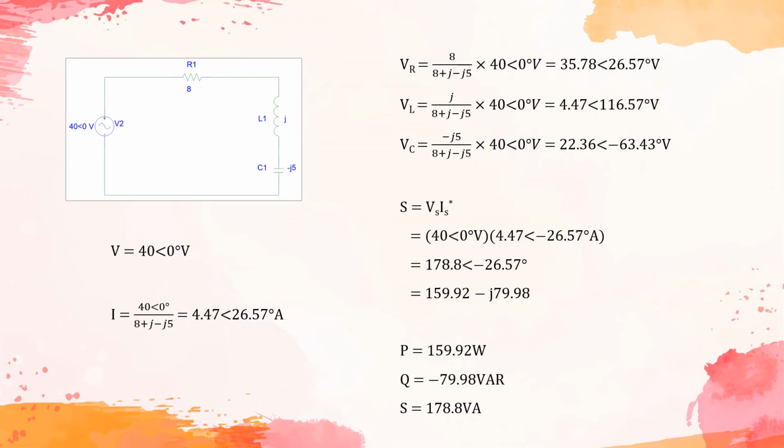Okay, then we're going to find the complex power S. So the formula is Vs times Is conjugate. So Vs is the source voltage, and then Is is the source current. So the source current will be conjugated. So the angle will change the sign from positive to negative.